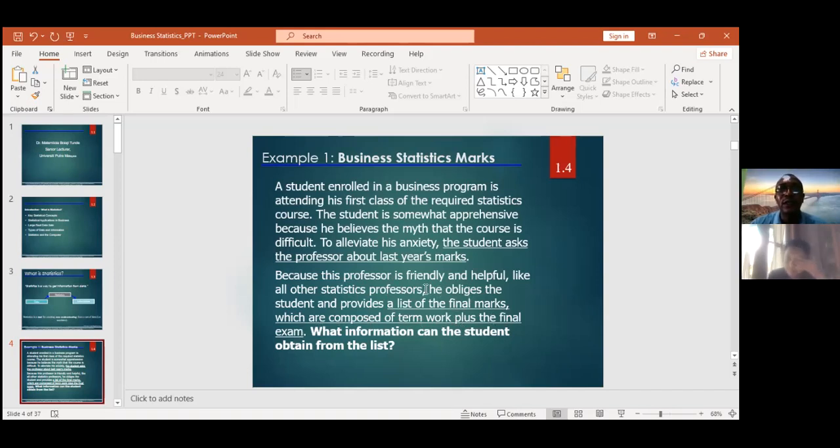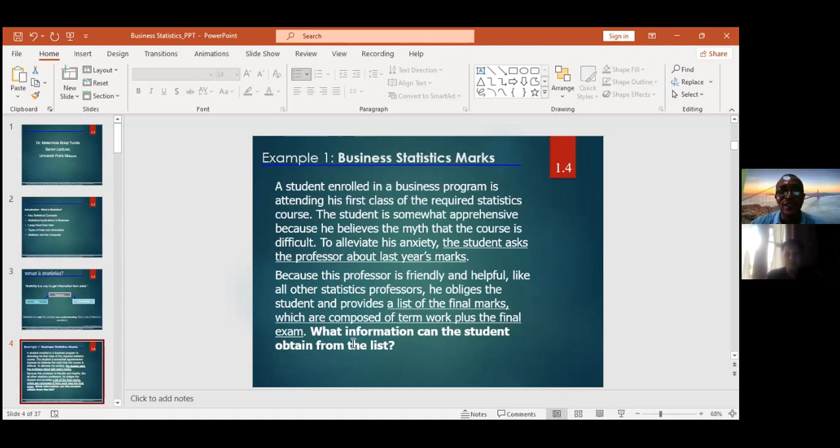So from this example, we can see that one of the students was very smart. He was afraid, so he wants to know how the student performed in the previous class. So the professor was generous enough to provide the marks. Now the question is, what information can the student obtain from the list?